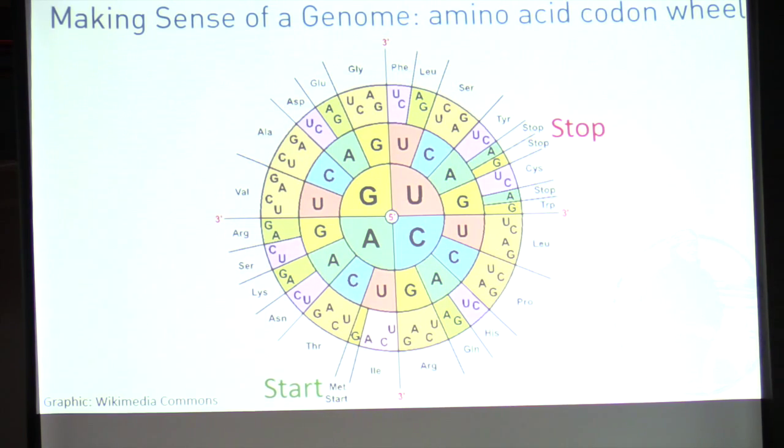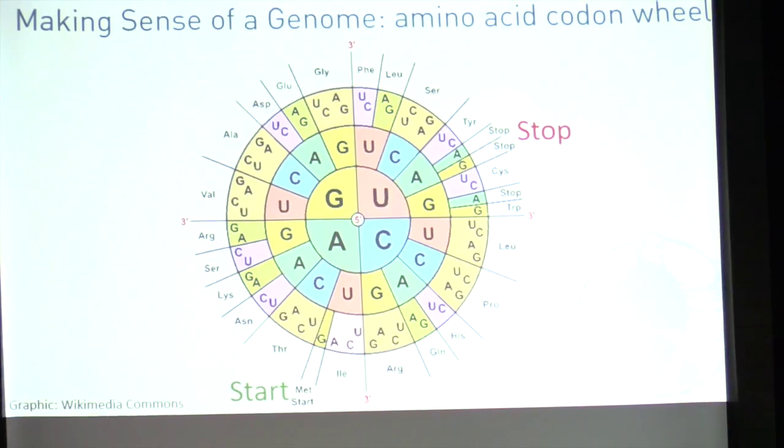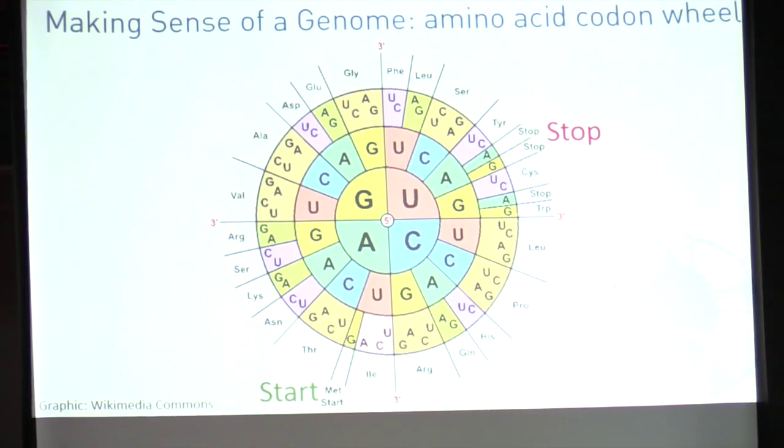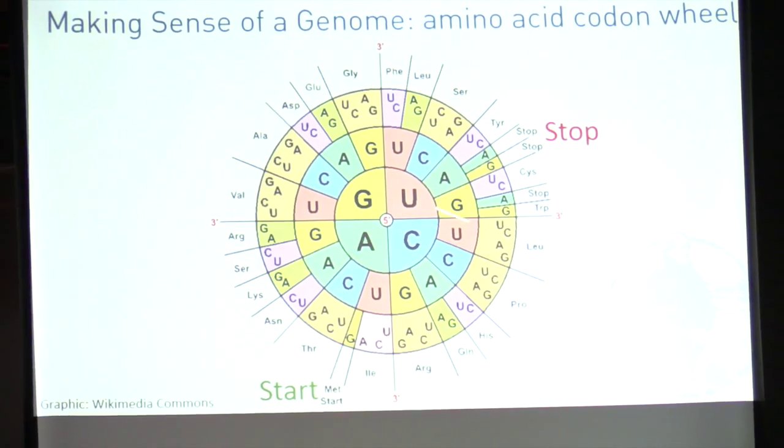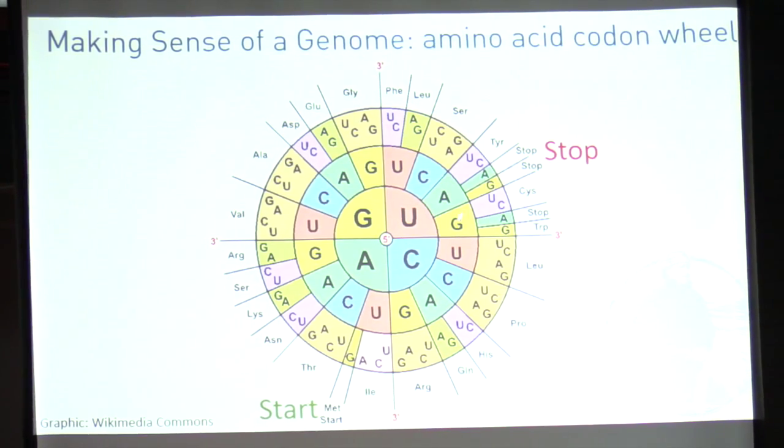So when we're presented with a genome, which is just a huge long string of A's, T's, C's, and G's that look sort of like they're in random order, we can start decoding it using an amino acid codon table, or a wheel, as in this case. The codons are read in this order, and they code for all 20 amino acids, essential amino acids.